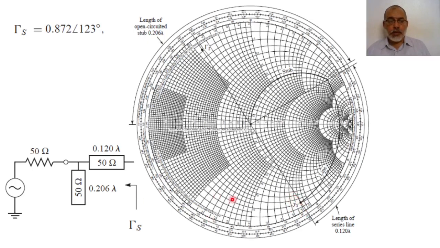So we need to convert this 50 ohm, and we are normalizing everything to 50. So effectively, this normalized impedance is unity. We need to transfer this normalized impedance unity to be seen here as an admittance equal to this value. Okay?